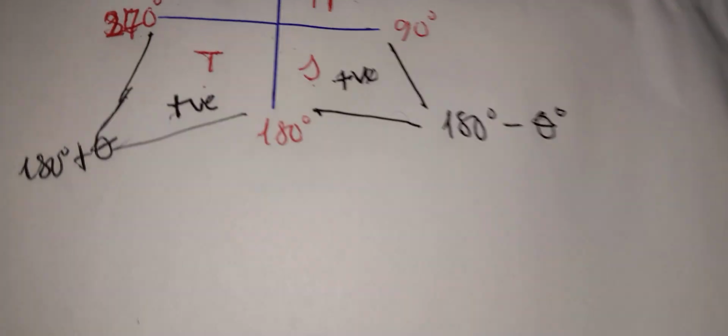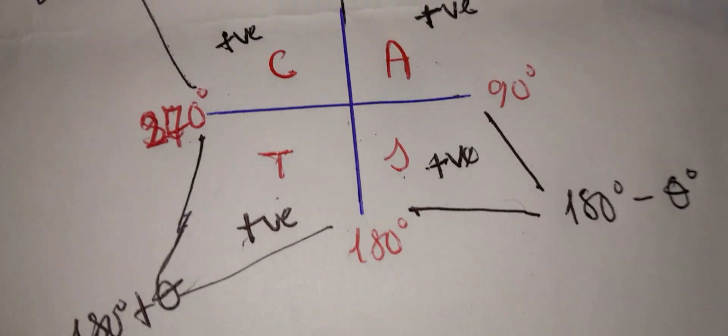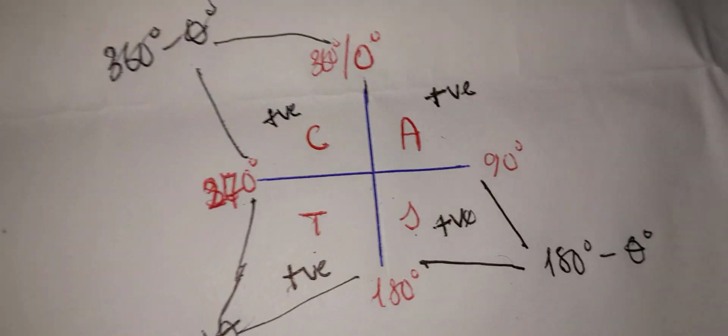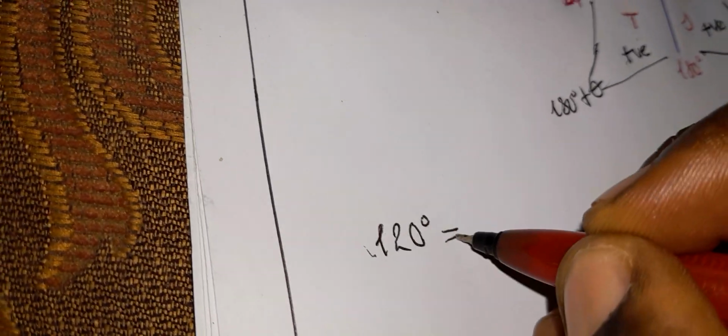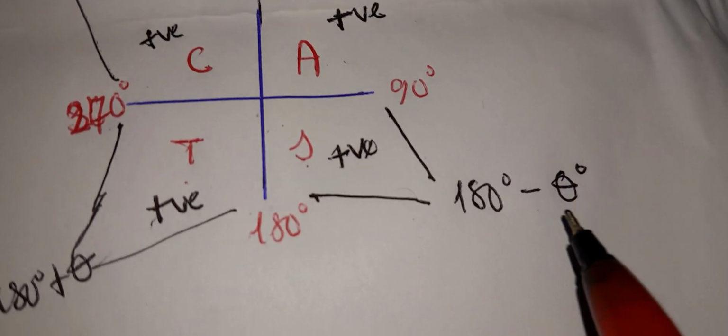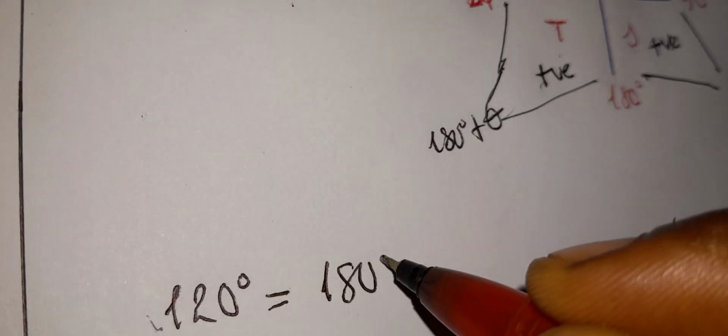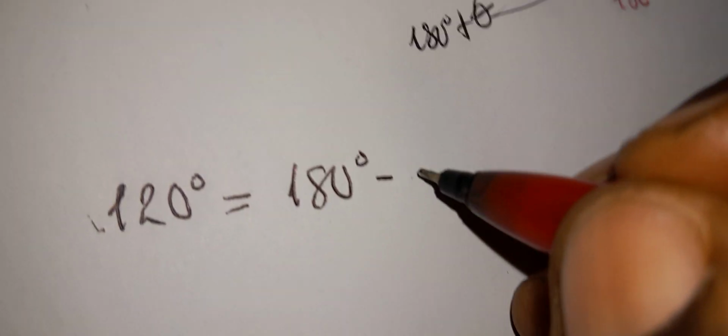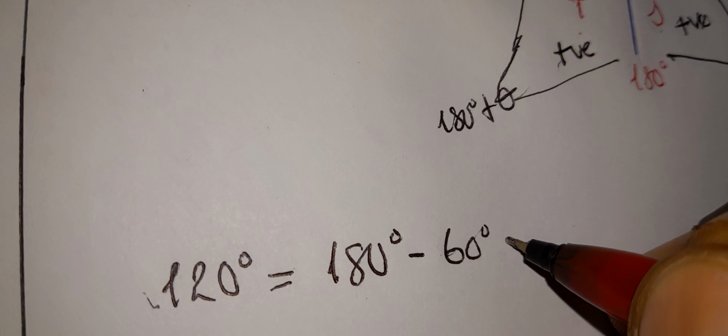Okay, let's bounce into this and let's see. The first is 120. 120 degree falls in the second quadrant versus this. So it becomes 180 degree minus, what value would that be? 60 degree.